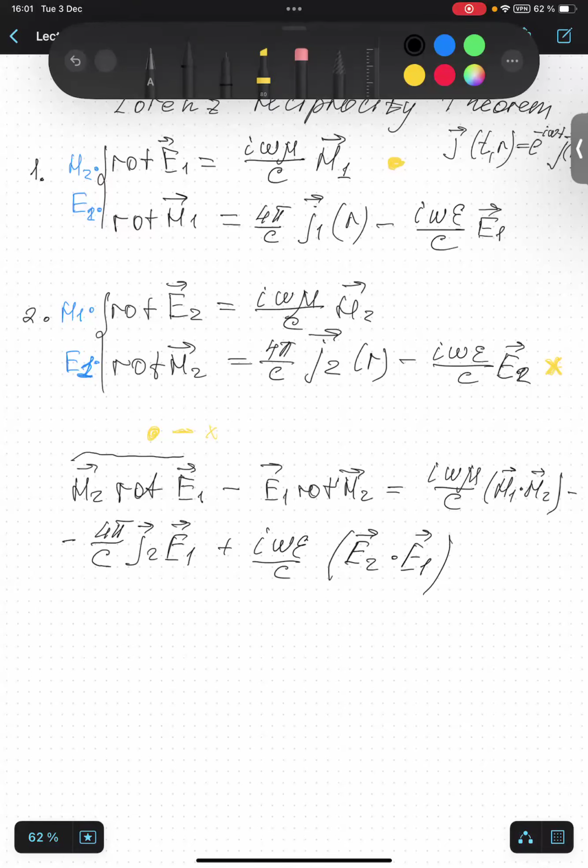What we see here is just the divergence of E1 vector multiplication H2.